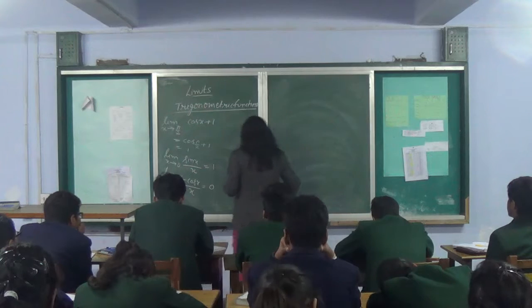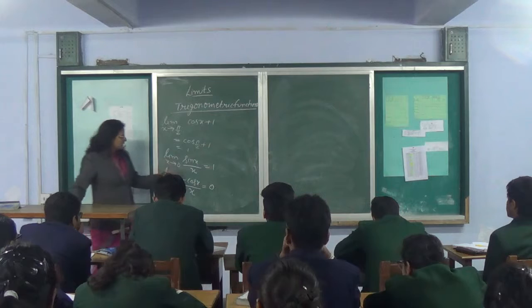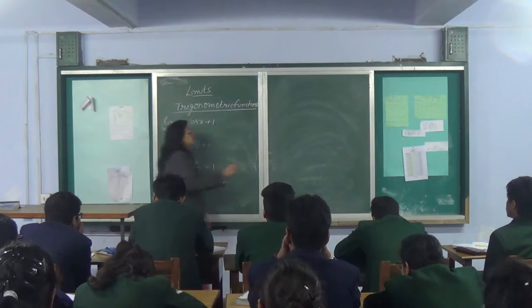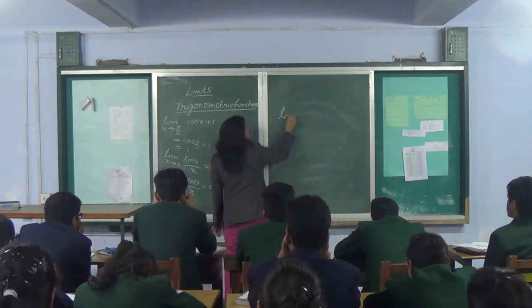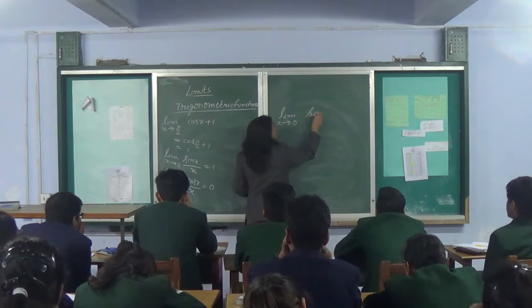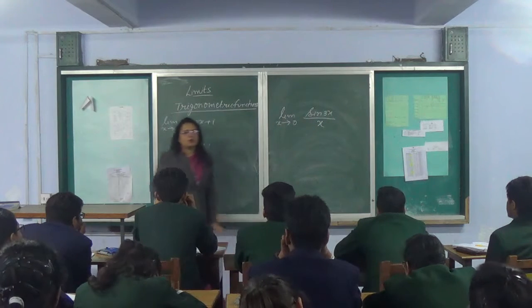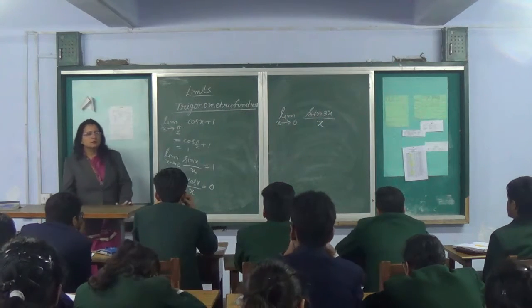Let's do some questions. One more thing which you must take care of here while applying this result, like suppose you have limit x tending to 0 sin 3x upon x. Okay.